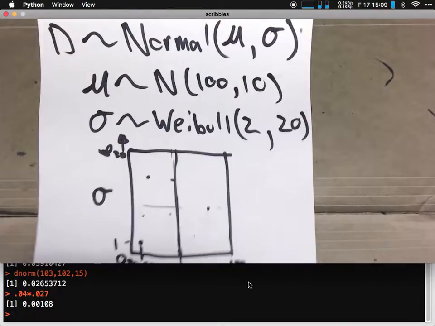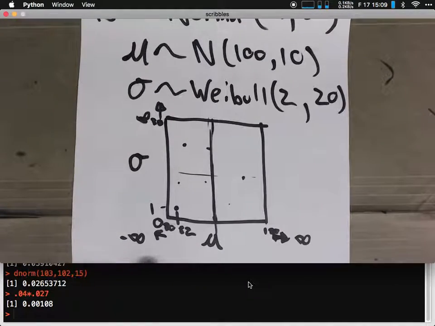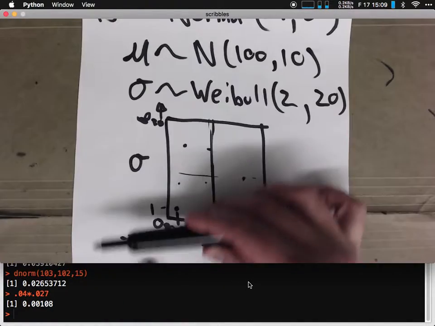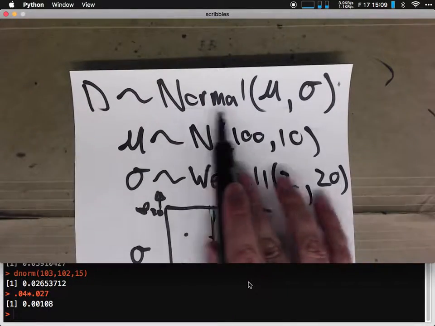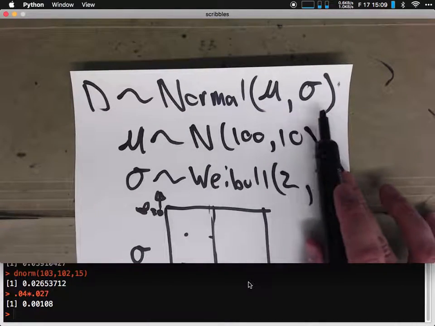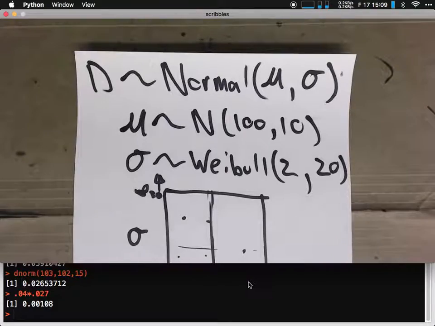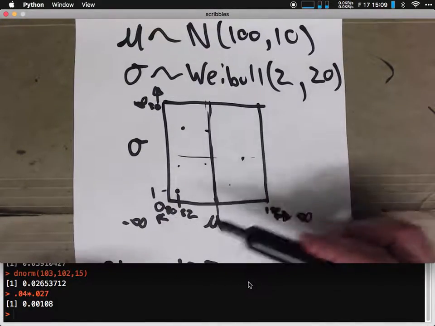Instead of one dimension, you're jumping around a two-dimensional space and figuring out, okay, what's the height of the prior curve for that space? What is the height of the curve that we're expressing for the sampling of our data at the data point, given those two parameter values? Multiplying those two out gives us the height on the posterior surface.